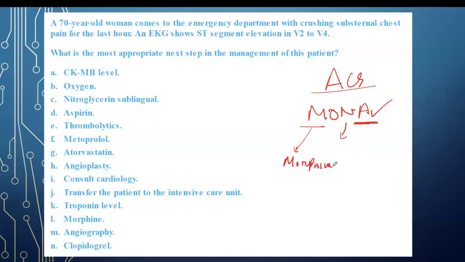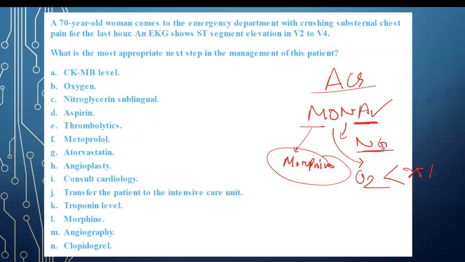If the patient is complaining of severe chest pain, you would give them morphine. You give oxygen if the oxygen saturation goes below 95%. You give nitroglycerin if, even with morphine, the patient is complaining of chest pain. And the nitroglycerin will be given as a spray under the tongue.